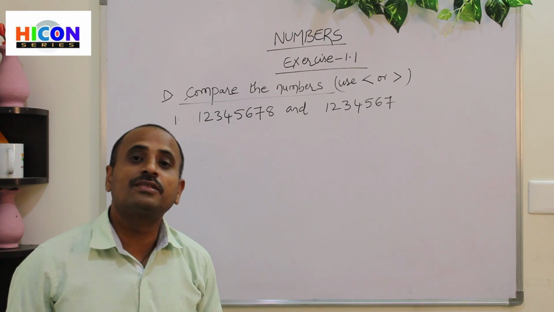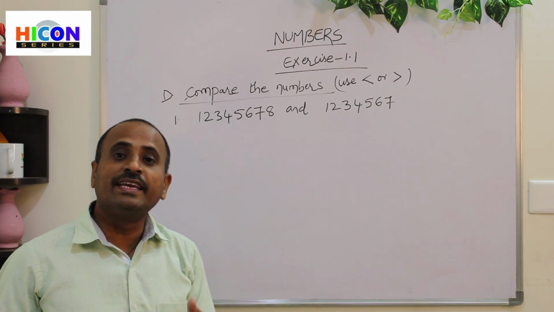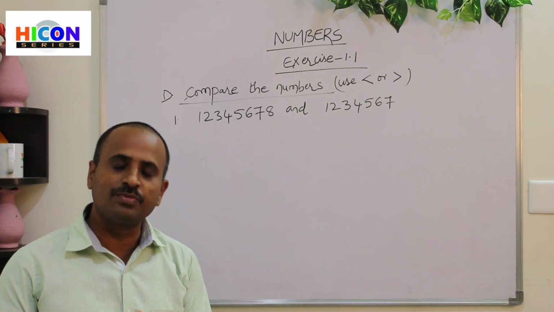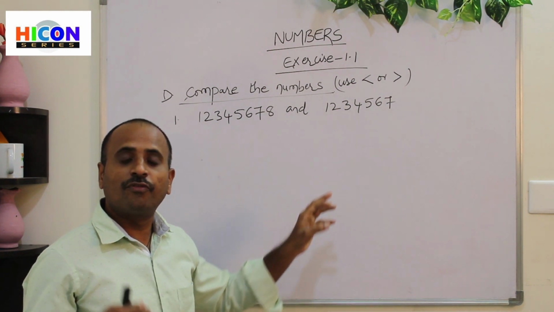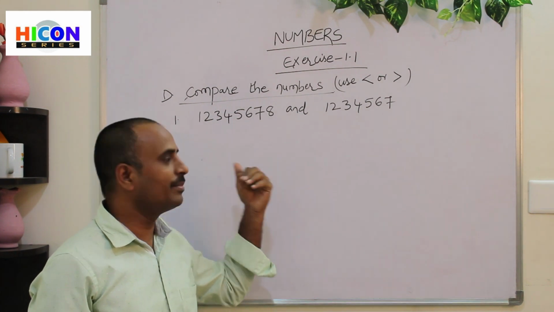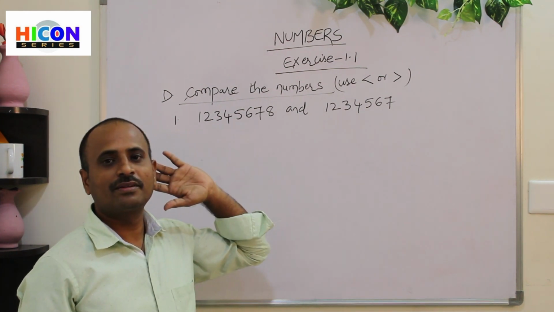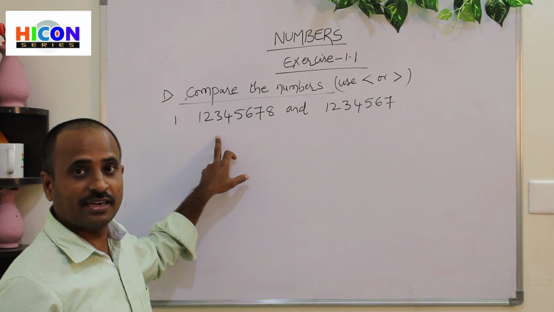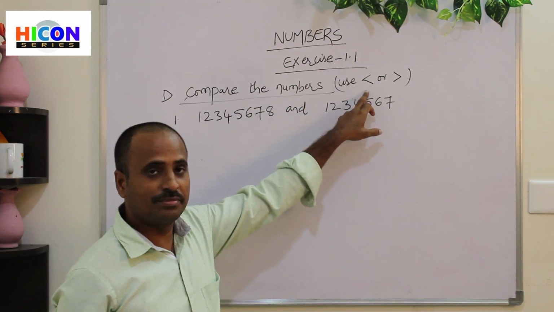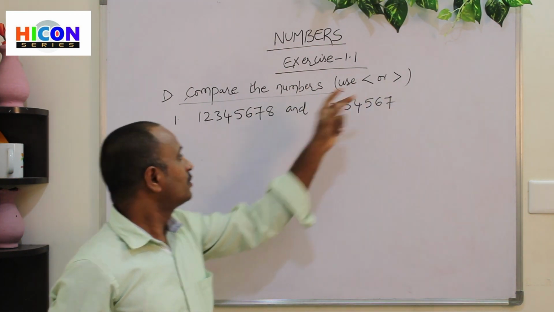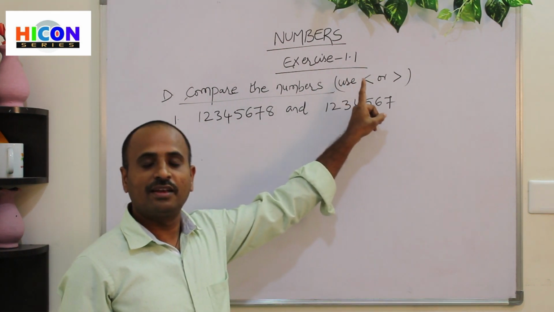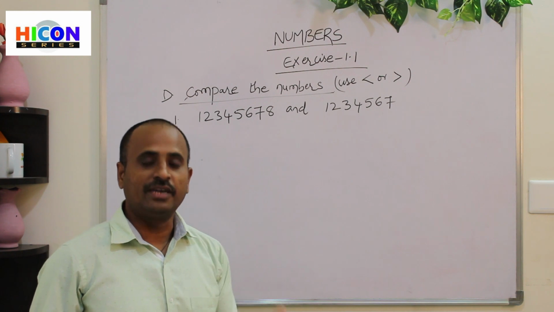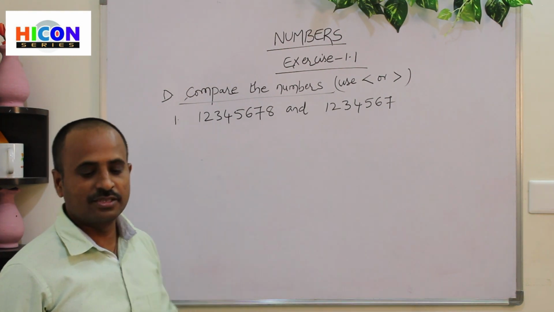Comparing means we have to find out which one is the greater number and which one is the smaller number. If the first number is the greater number, then we have to use the greater than symbol. If the first number is the smaller number, then we have to use the less than symbol. So let us start practicing this problem.